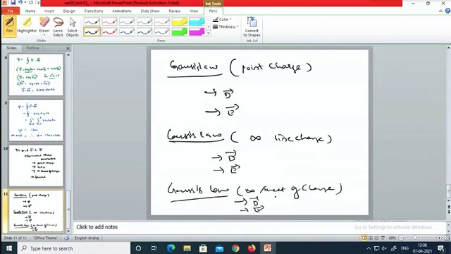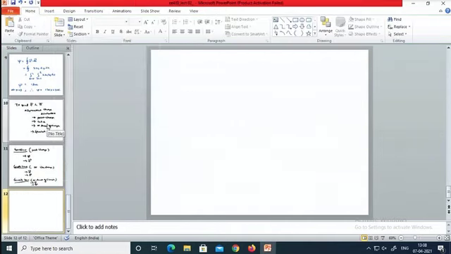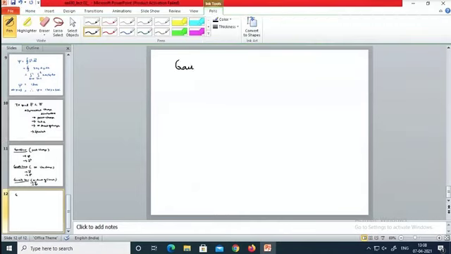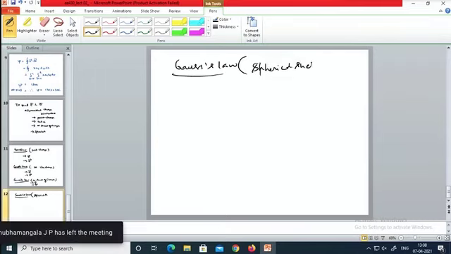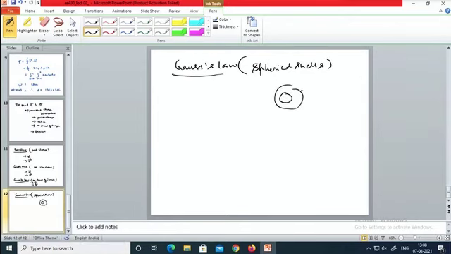Also, you'll be required to apply or verify Gauss law for spherical shells of charge. For example, this is one shell, this is another shell, and this is another shell like this. So you'll have to apply this Gauss law for spherical shells like this.